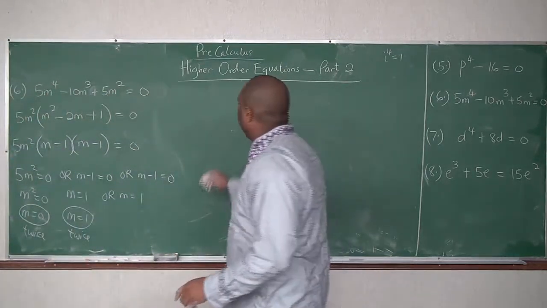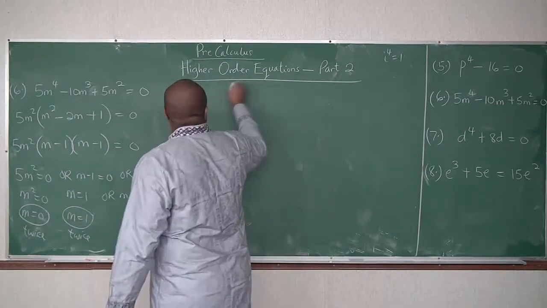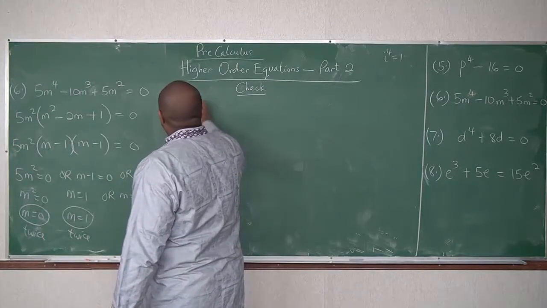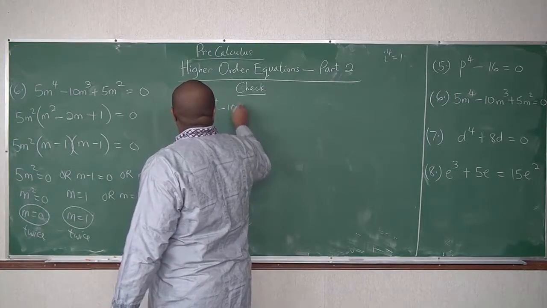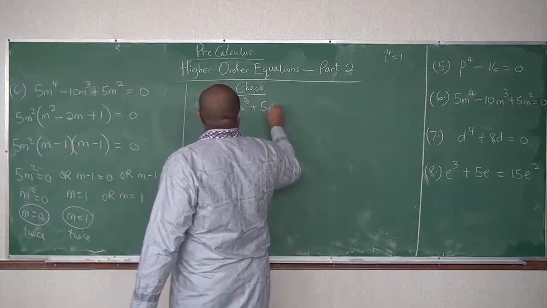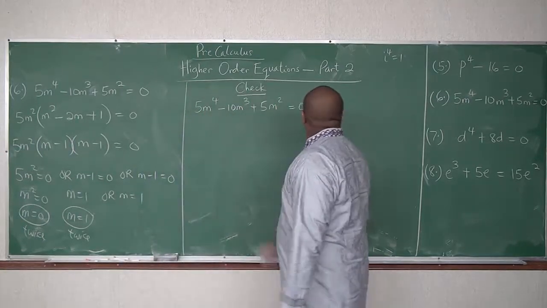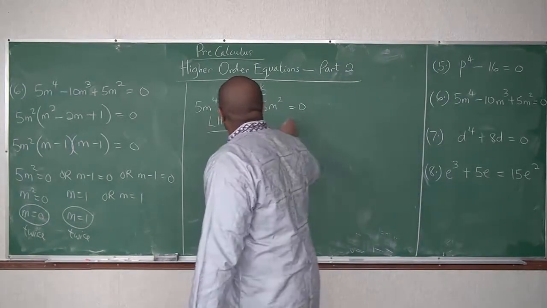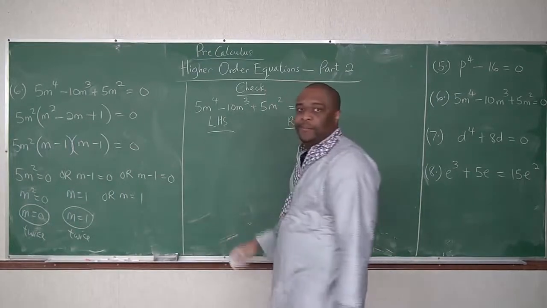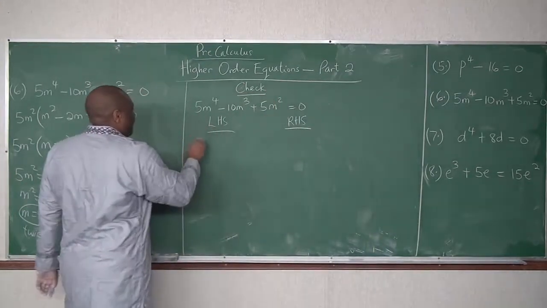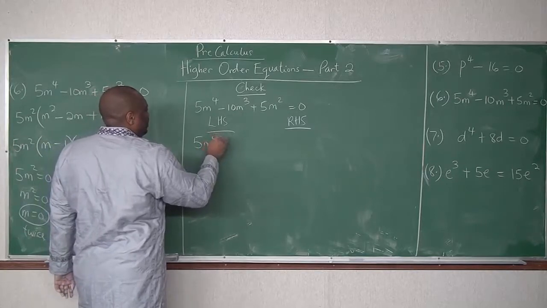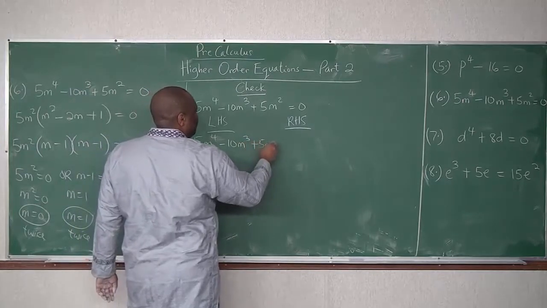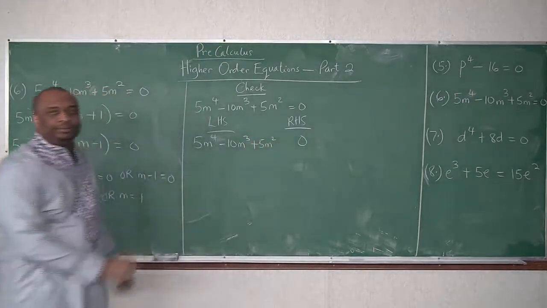Now, the next thing we do is we check. We write the main equation 5m⁴ minus 10m cubed plus 5m squared equal to 0. Left hand side 5m⁴ minus 10m cubed plus 5m squared, right hand side 0.